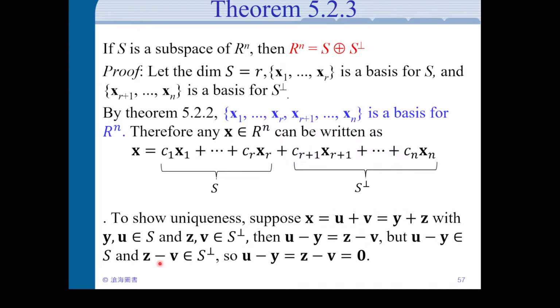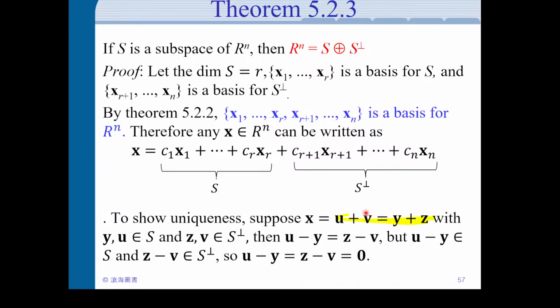We start with this equation, U plus V equals Y plus Z, and we move things around a little bit.